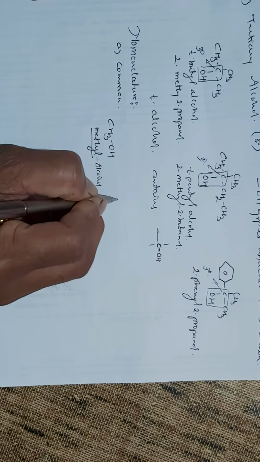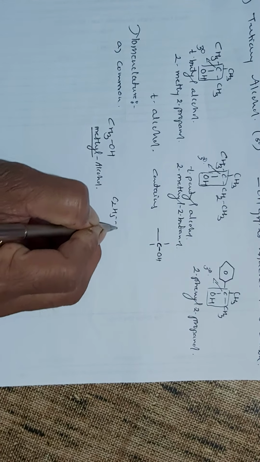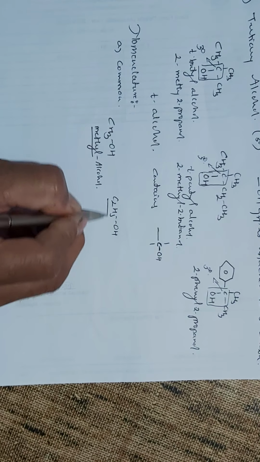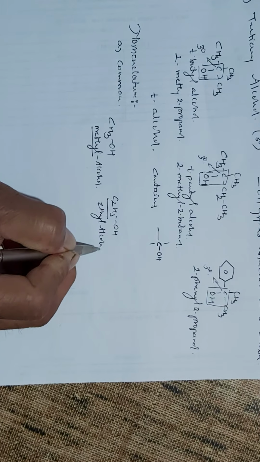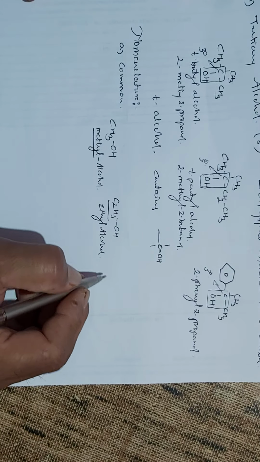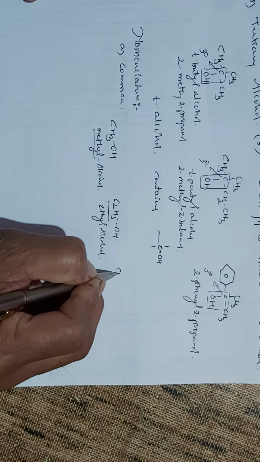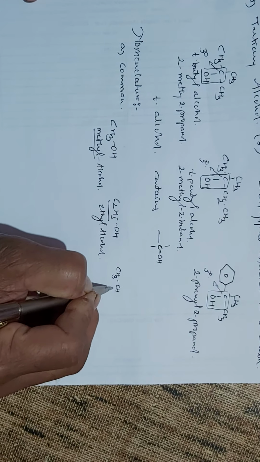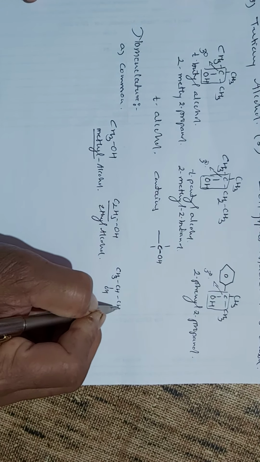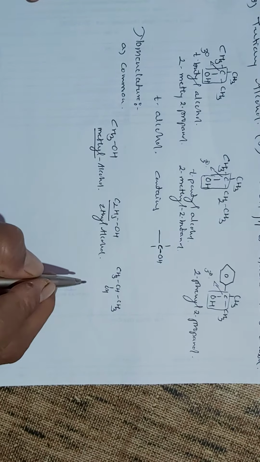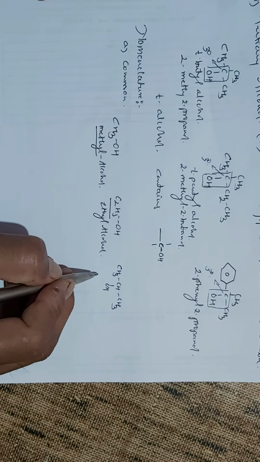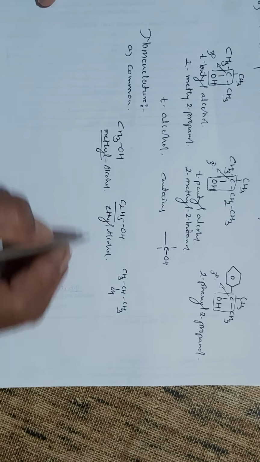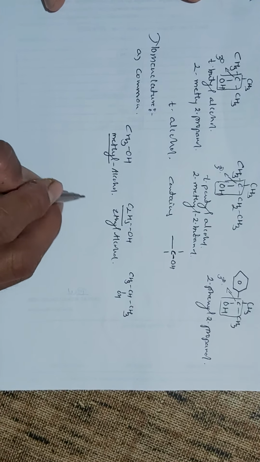So, methyl alcohol. If you write C2H5OH, this is the ethyl group, so the name will be ethyl alcohol. Here it is the isopropyl group, so the name of this compound is isopropyl alcohol. In this way, the common nomenclature system is done.